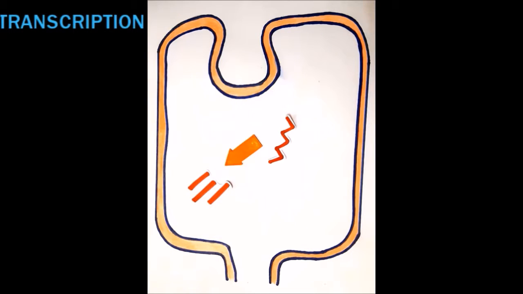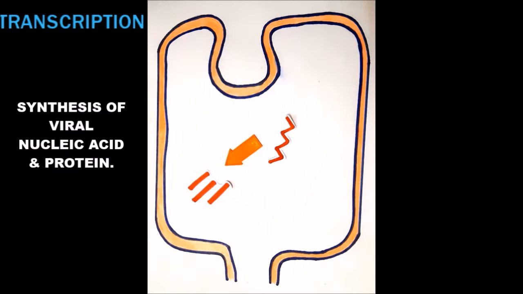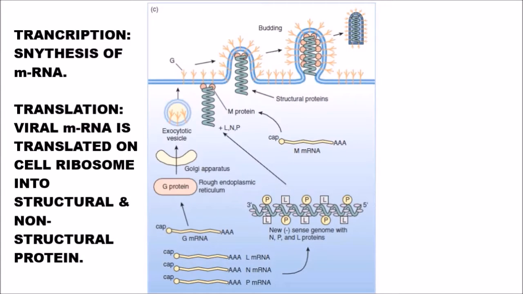Next is the transcription and translation of the viral genome, which is replication. It is the synthesis of viral nucleic acid and protein. First, transcription will occur, which is the synthesis of mRNA.